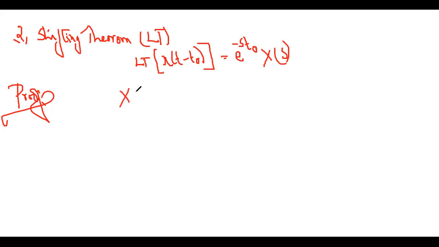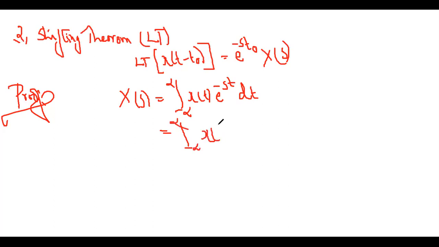According to the definition of Laplace transformation, X of s is equal to the integral from minus infinity to infinity of x of t e power minus st dt. What is the x of t given here? It is x of t minus t naught. Integral minus infinity to infinity of x of t minus t naught e power minus st dt.